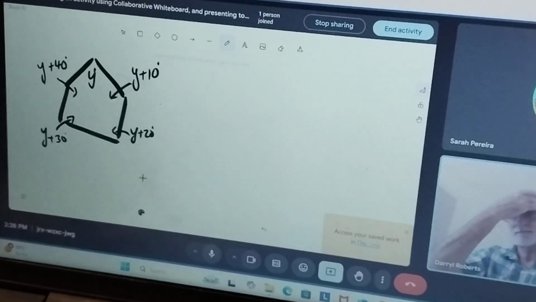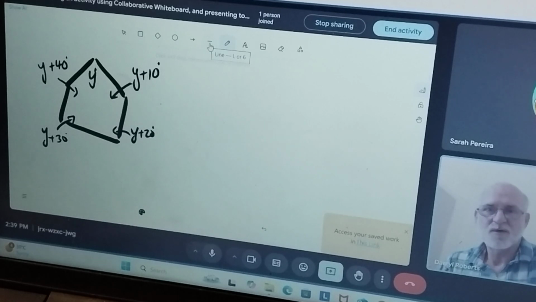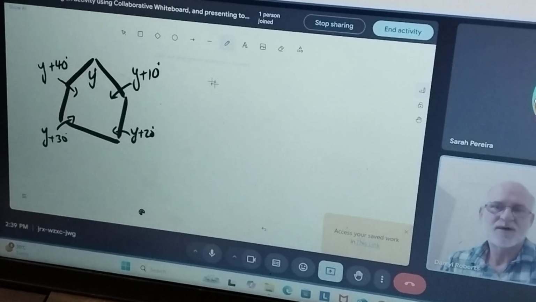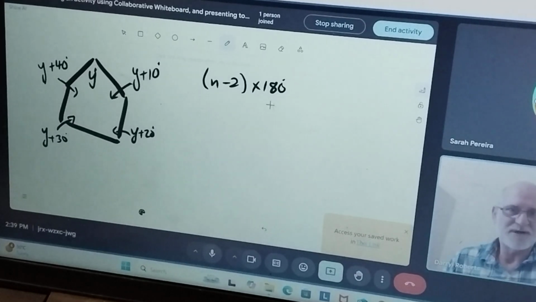Now, in a pentagon, I know there are two ways to find the total sum of all the angles. One is to do n minus 2 times 180 degrees. That'll give me the sum of all the inside angles, where n is the number of sides, in other words 5 minus 2 times 180.